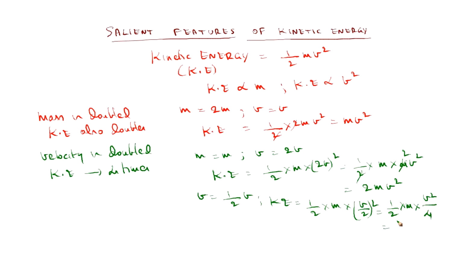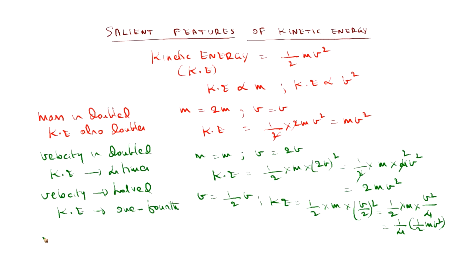So it becomes 1 by 4 of half mv square, which means if velocity is made half of its original velocity, then the kinetic energy is 1/4.